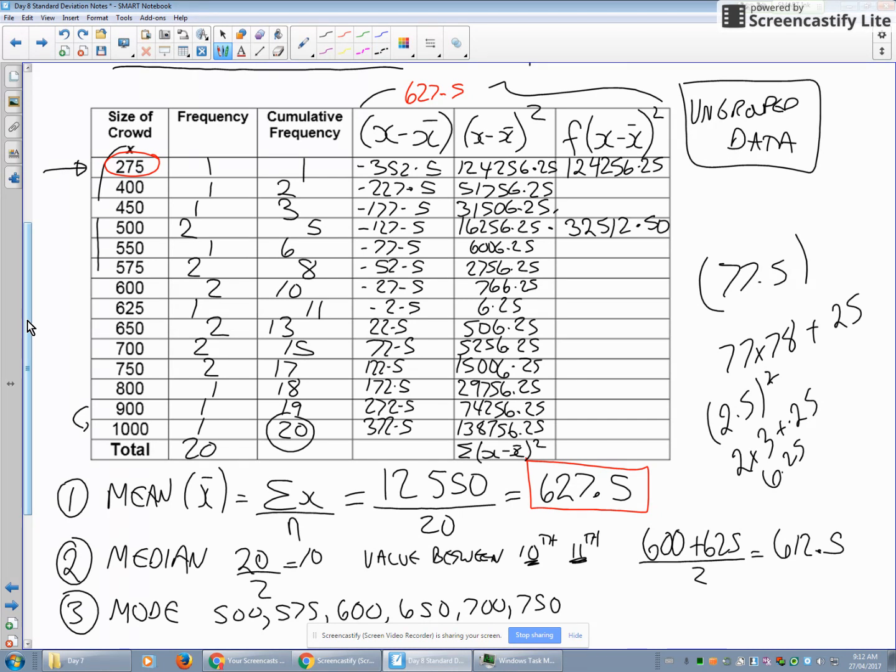Anytime I've left my chart blank, it just means that I'm not repeating what's there beside it. Here we get a value.